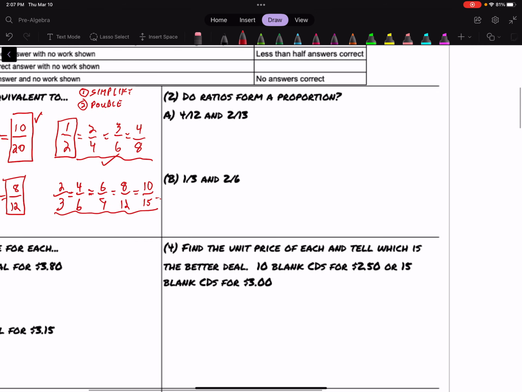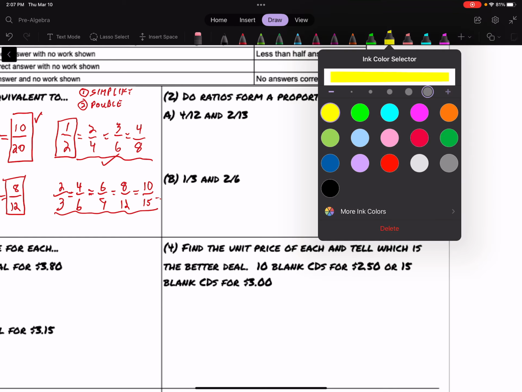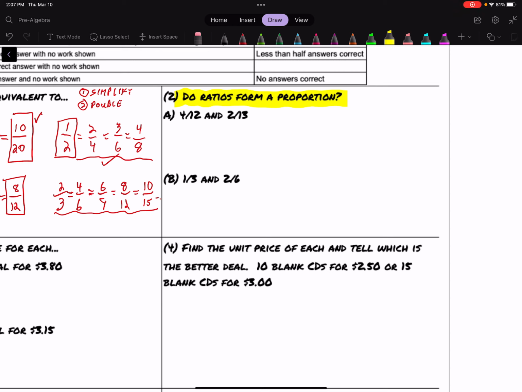Let's move over to see if these ratios here form a proportion. Well, to do that, you can do it one of two ways. The first way I'm going to show you is you could simplify and see if they simplify to the same thing. Well, to simplify this, I can see I can divide the top by 4 and the bottom by 4.